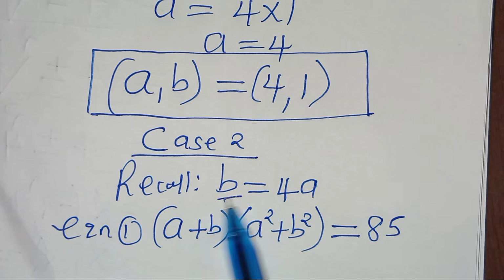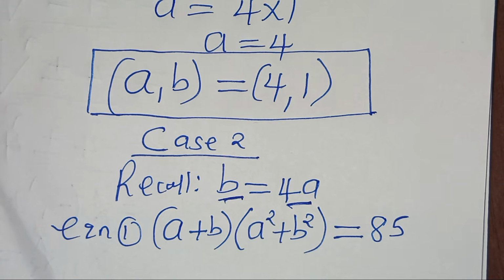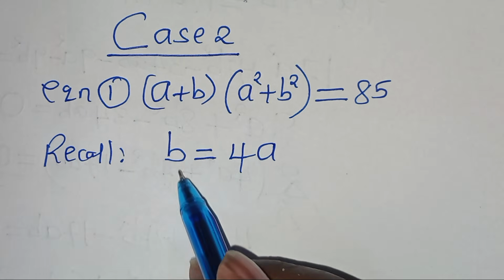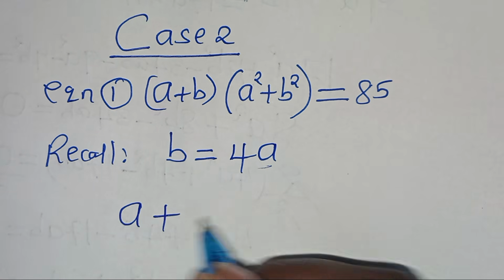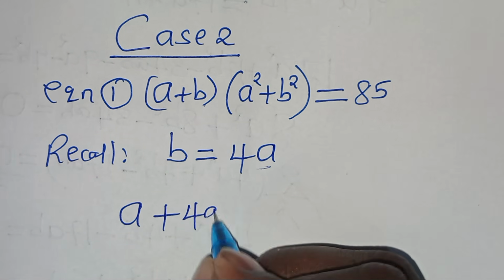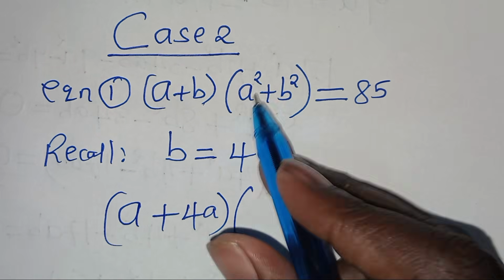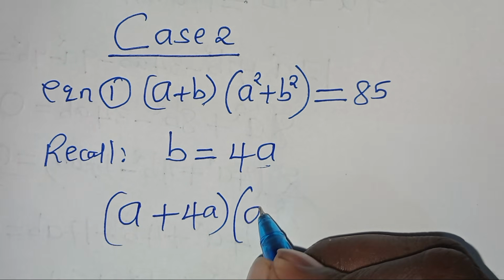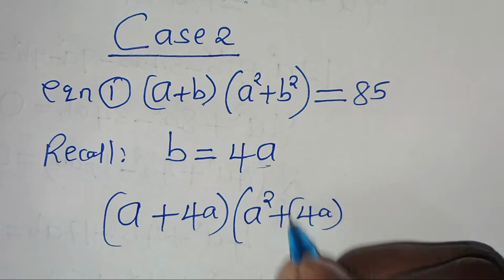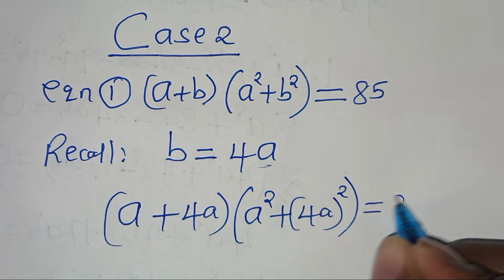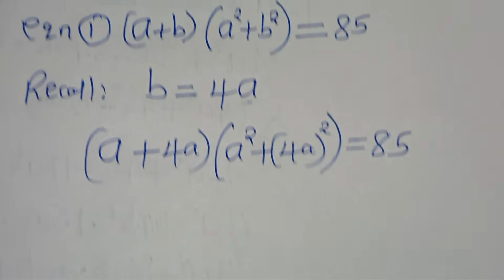Now let's substitute the value of b, which is 4a, so that we have a plus 4a multiplying by a squared plus b squared, in this case 4a to the power of 2. This is equal to 85.